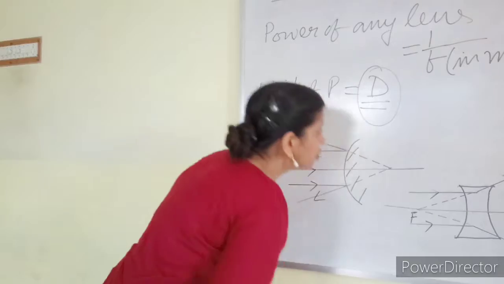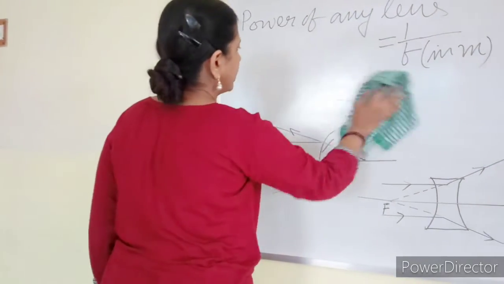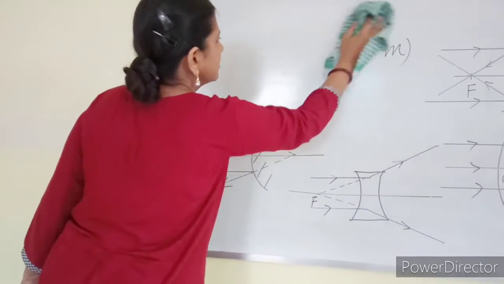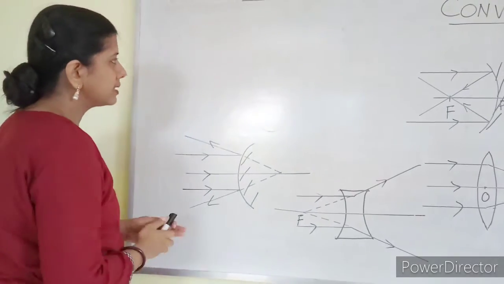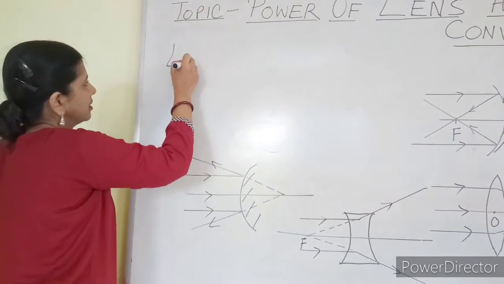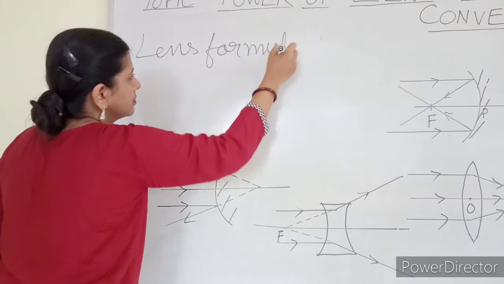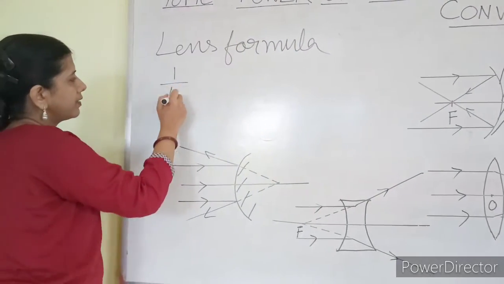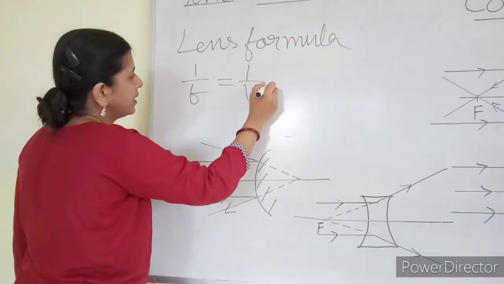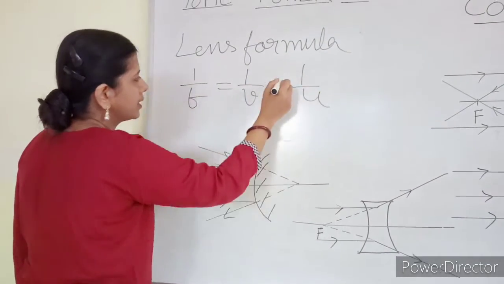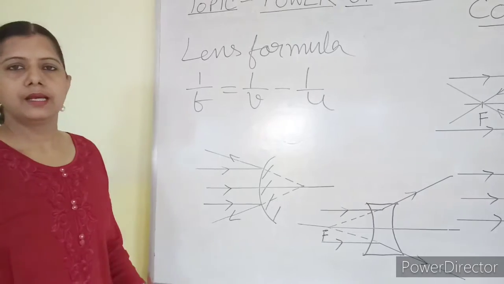Here I am going to write the lens formula: 1 by f equal to 1 by v minus 1 by u. The difference is only this sign, nothing else.